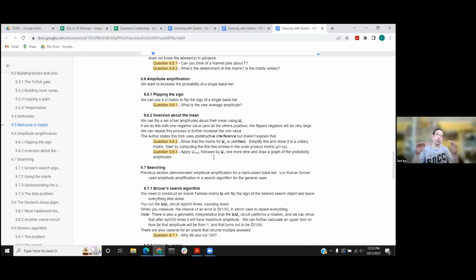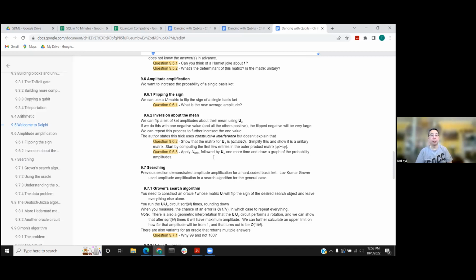But if you have these 16 and one of them happens to have the highest probability, can you do an operation that actually increases its amplitude and slightly lowers all the other ones? And so the answer is yes.